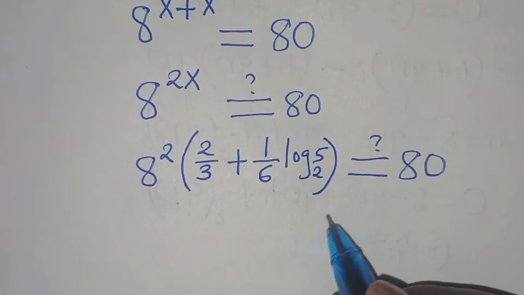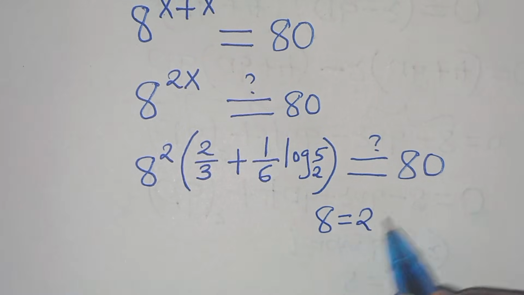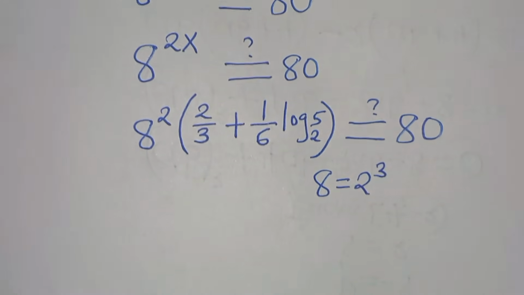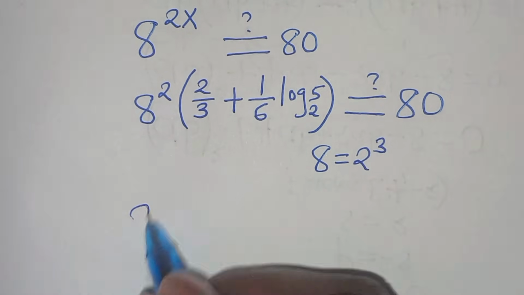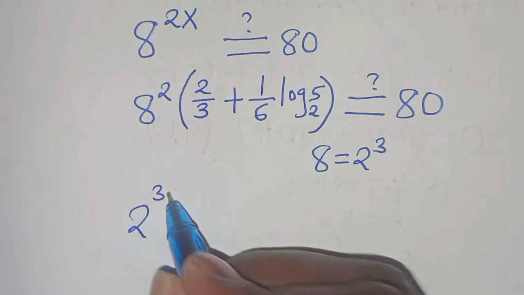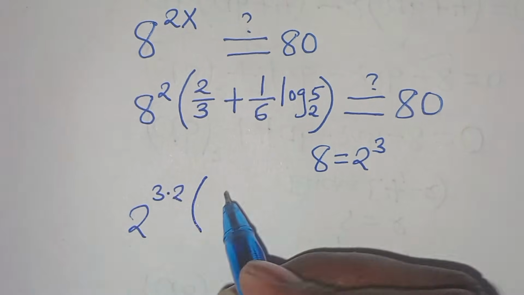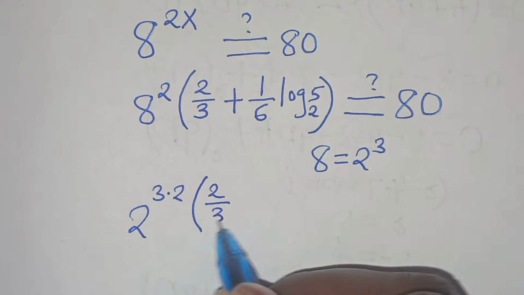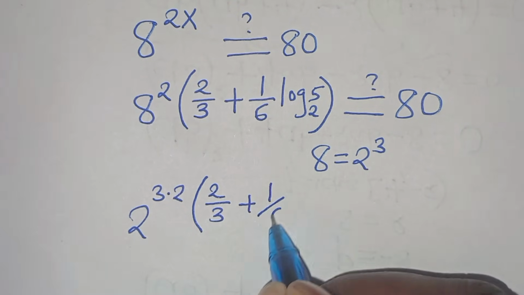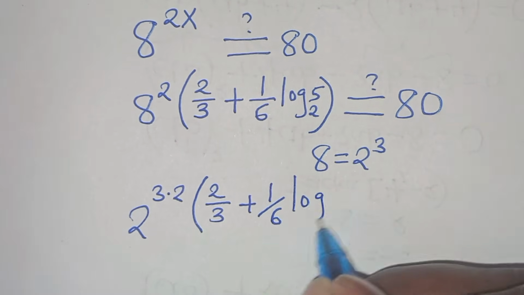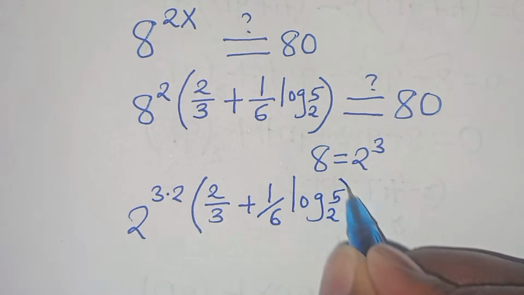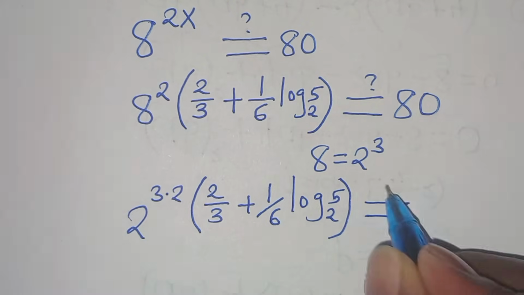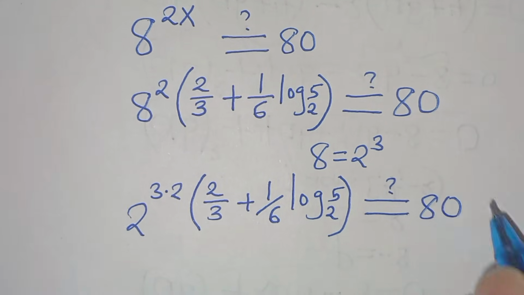Now we can express 8 as 2 to the power of 3. So this implies that we have 2 to the power of 3 times 2 times, in parentheses, 2 over 3 plus 1 over 6 log 5 to base 2. This should give us a value of 80.